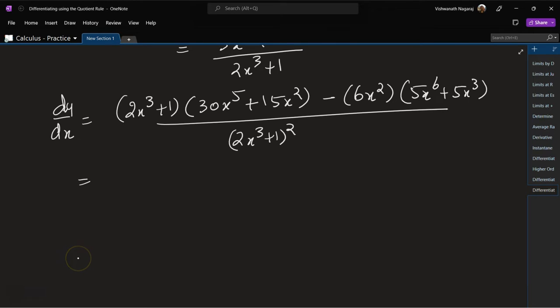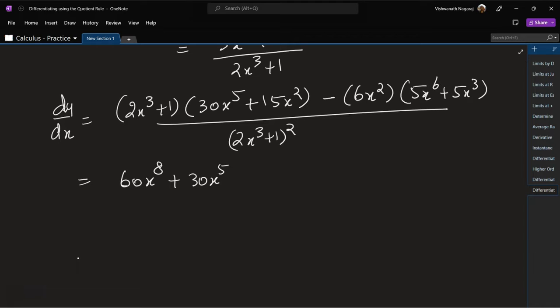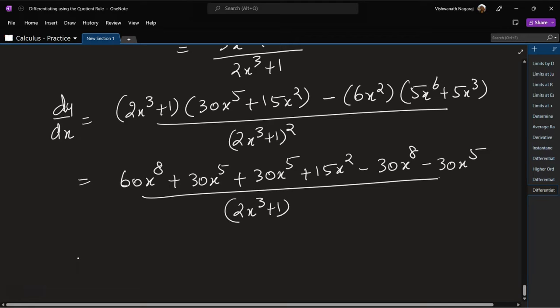So this gives us 60x to the power of 8 plus 30x to the power of 5 plus 30x to the power of 5 plus 15x square minus 30x to the power of 8 minus 30x to the power of 5, divided by (2x cube plus 1) square.